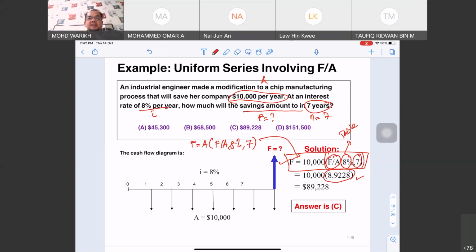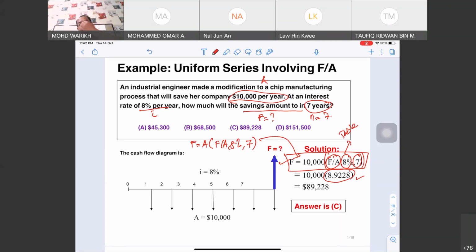Okay, I understand. The English here is quite confusing. Don't worry about it. In the exact question, it's quite clear. Maybe the example confused you about the wording. But you have to bear in mind whether you pay every year or receive every year, inflow or outflow.